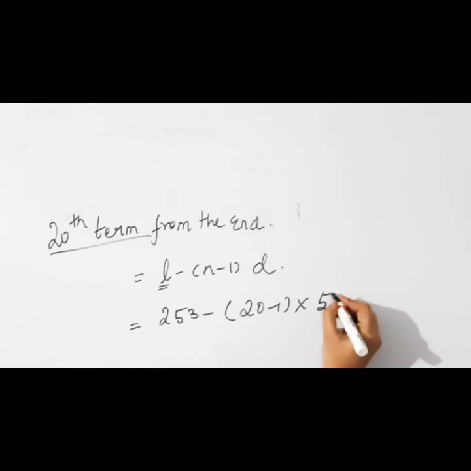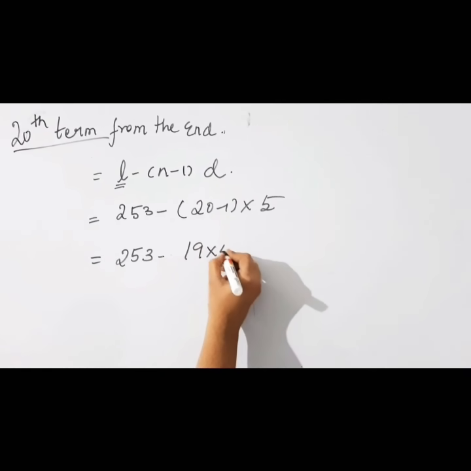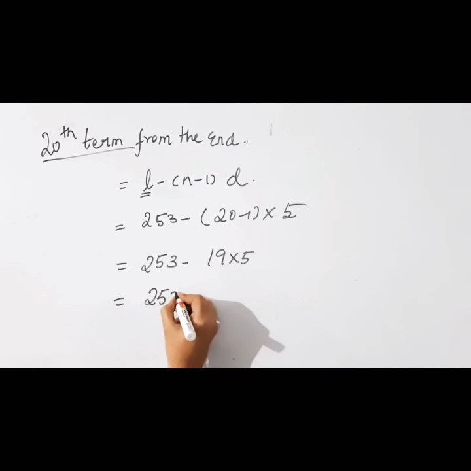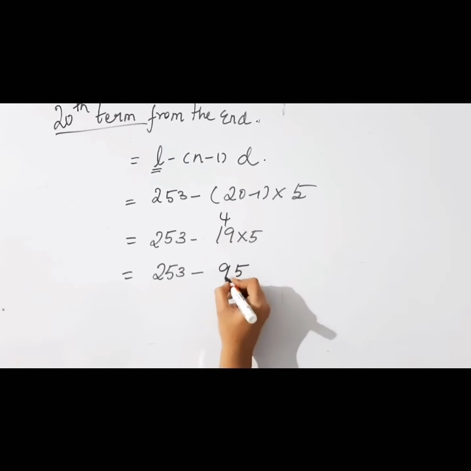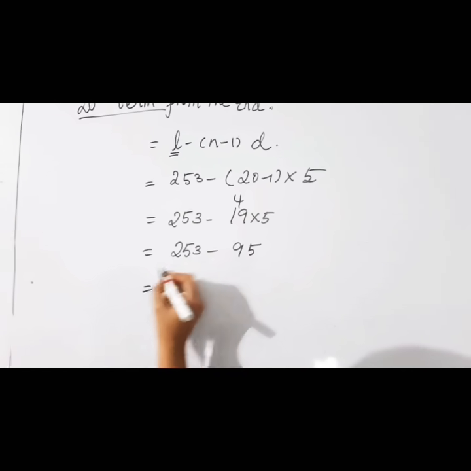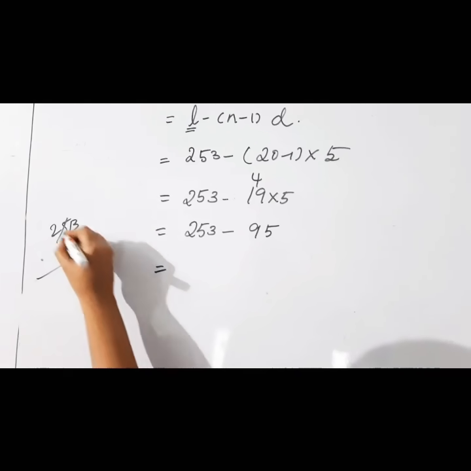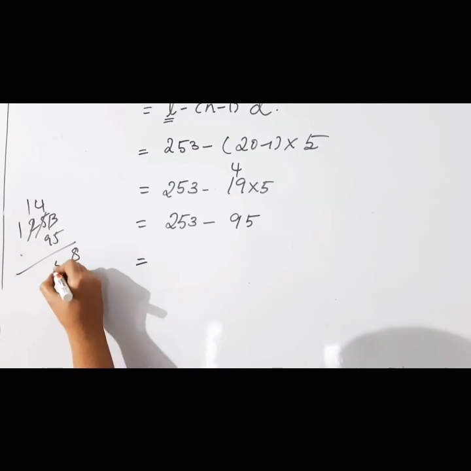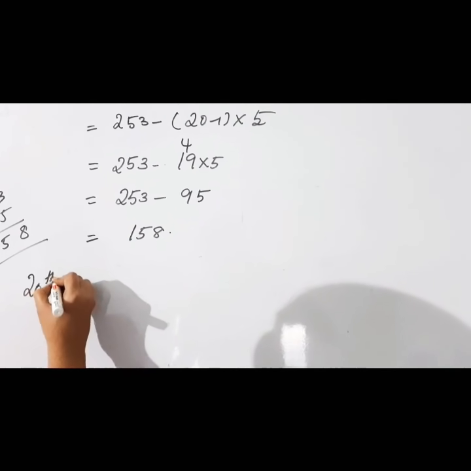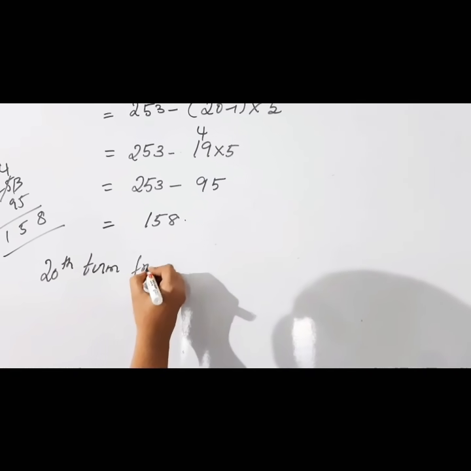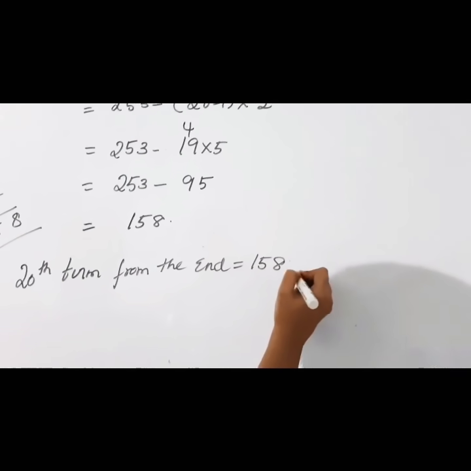And what is D? 5, which is equal to 253 minus 19 into 5. 253 minus 95. 253 minus 95 is 158. The 20th term from the end of this AP is 158.